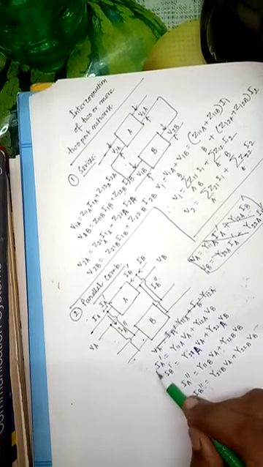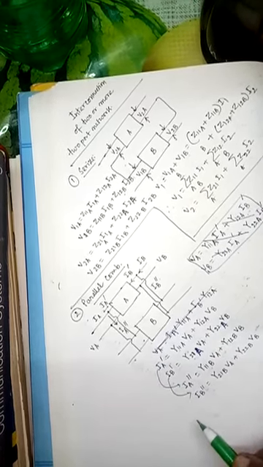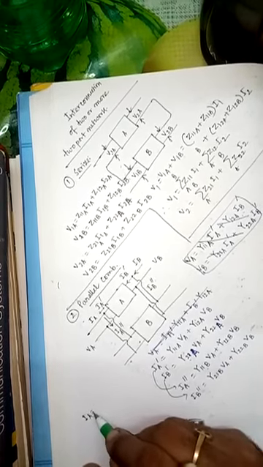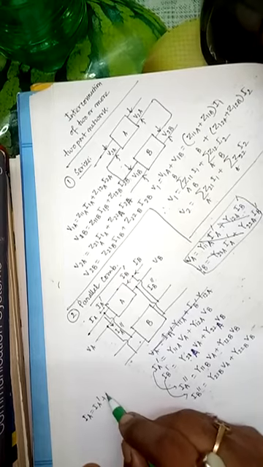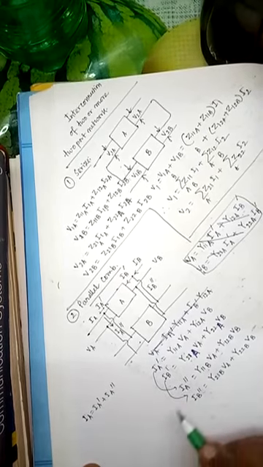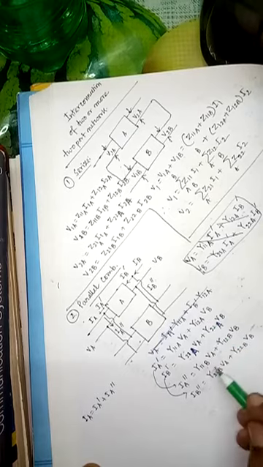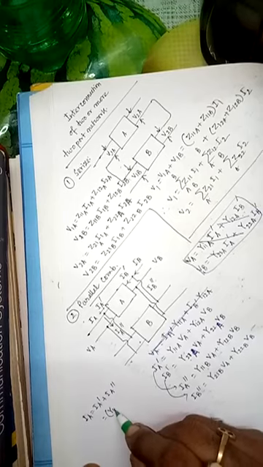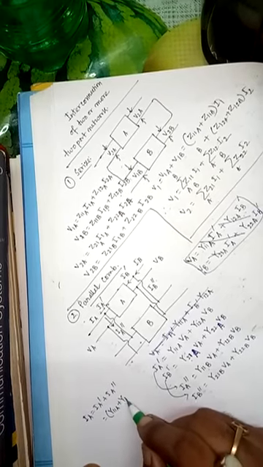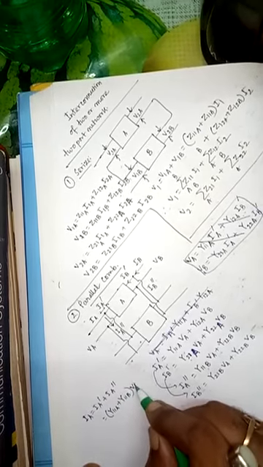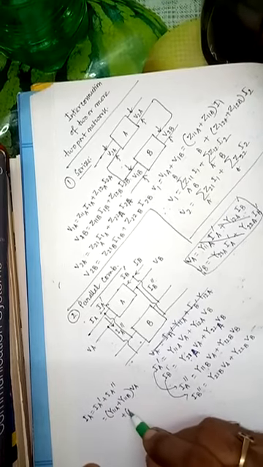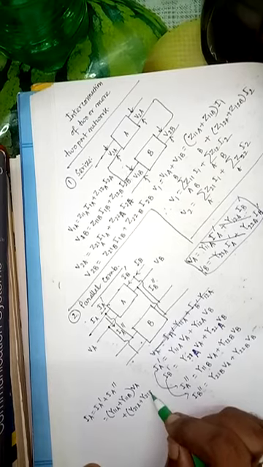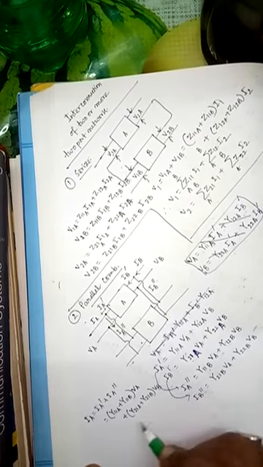So these two currents are additive. So that is the final current IA equals IA dashed plus IA double dashed. So IA dashed means this, IA double dashed means this. So we are taking VA common, so it should be Y11A plus Y11B into VA plus Y21A plus Y21B into VB.